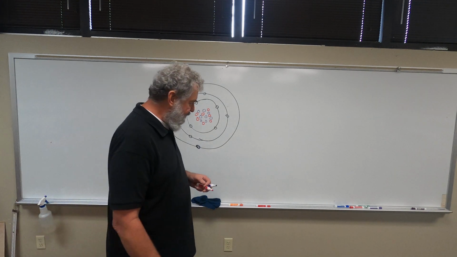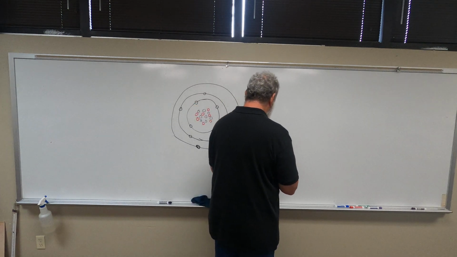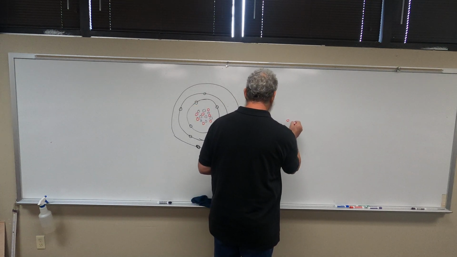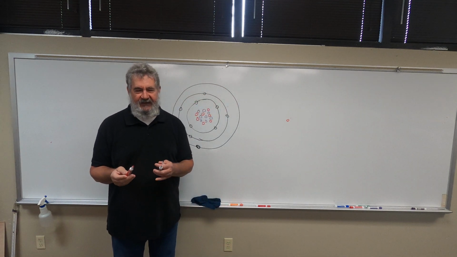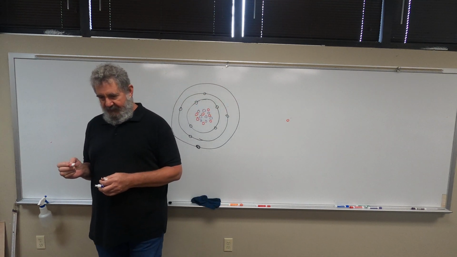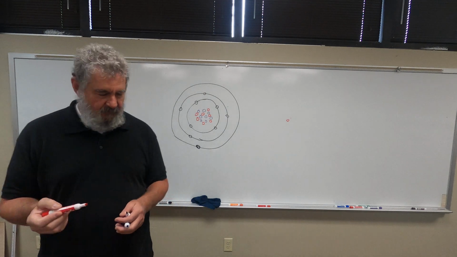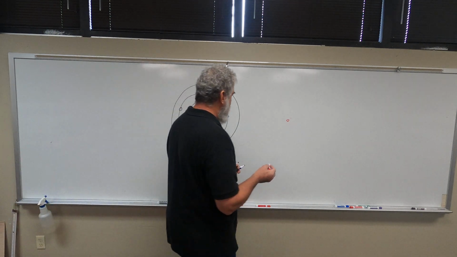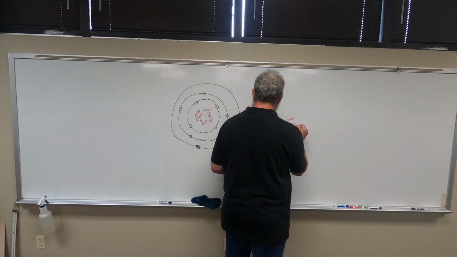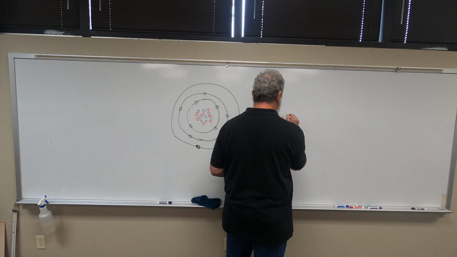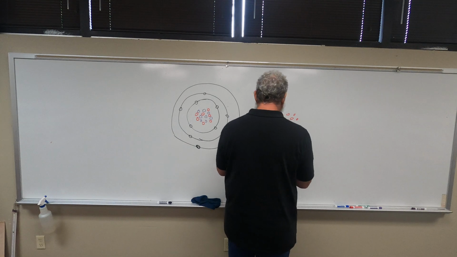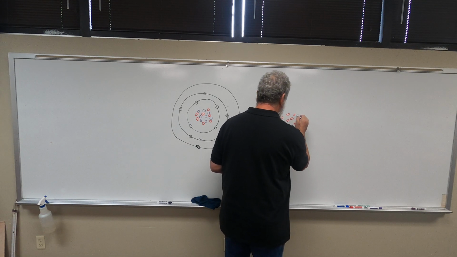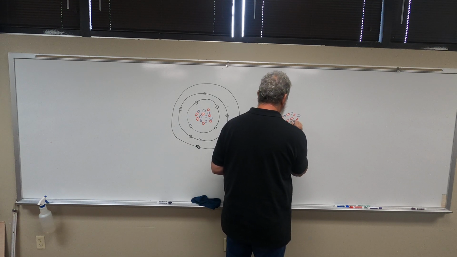So if we have another atom stuck over here, and you remember, an atom, to be a particular substance, has to have a set number of electrons, protons, and neutrons. So if we draw up another one, and don't count how many red circles and purple circles and black circles I have over here, because it probably won't be the same, but just for this lecture, just imagine that we have the same number.